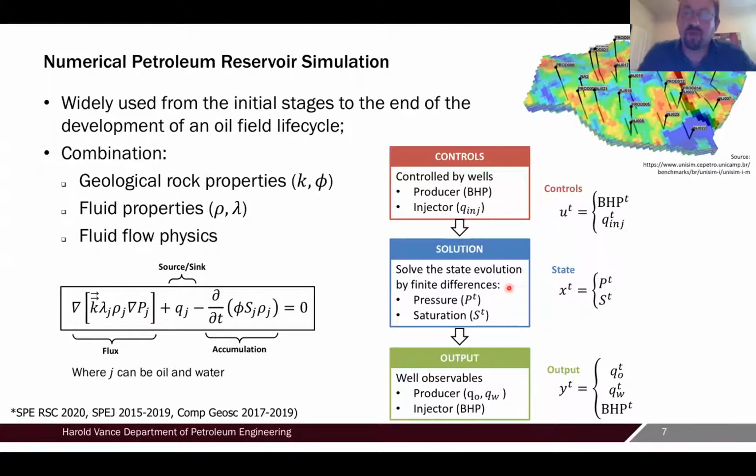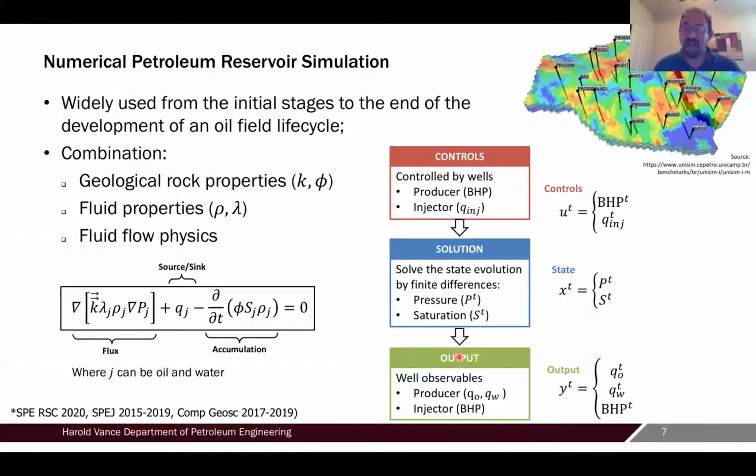Basically we look at a solution by determining what is the pressure of a particular phase, right? Gas, oil, and water, and what is the saturation of that particular phase, which means what is the fraction of that phase in the reservoir. Okay, so those are the states that we are trying to determine out of this equation.